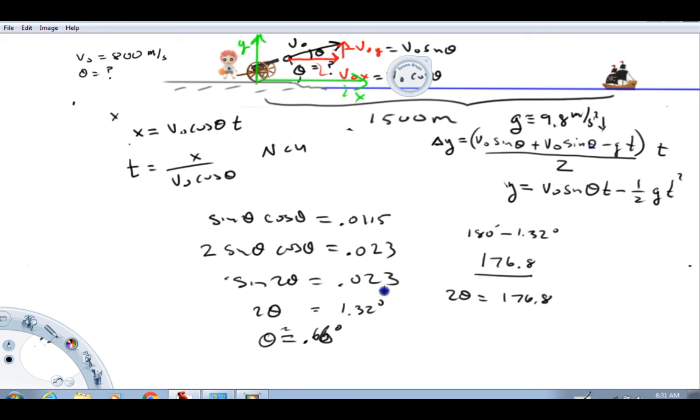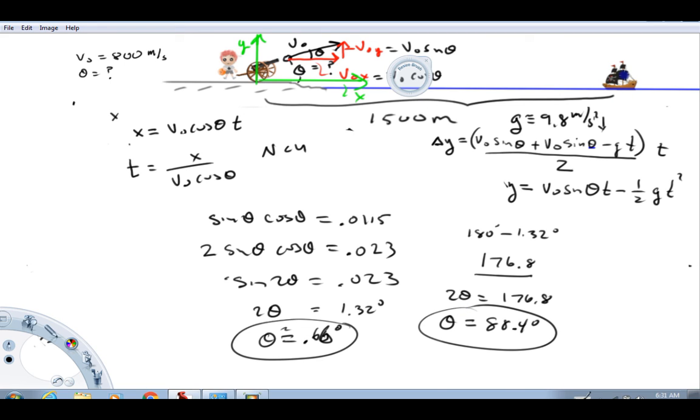It's a quadrant 2 angle. And then if we divide that by 2, we get 88.4 degrees. So there are 2 angles here that Timmy, in theory, could point that cannon at and potentially get a hit on the zombie pirates.